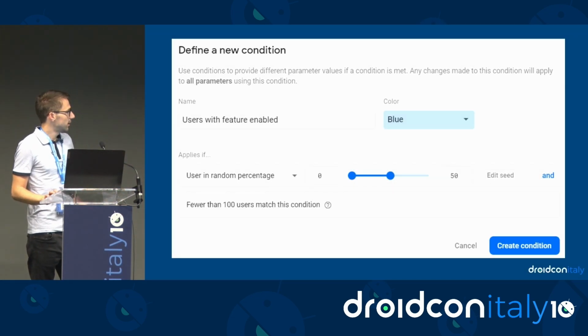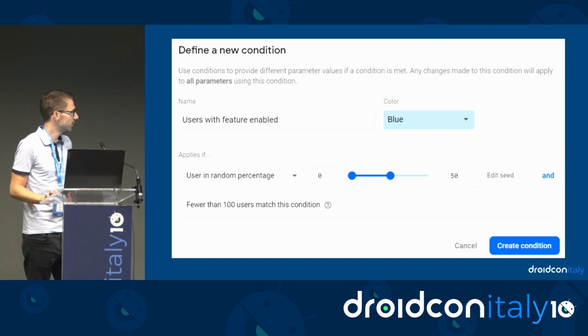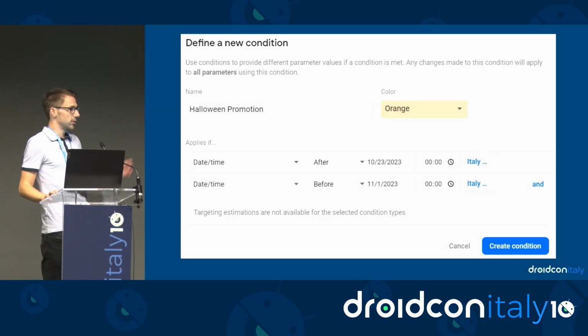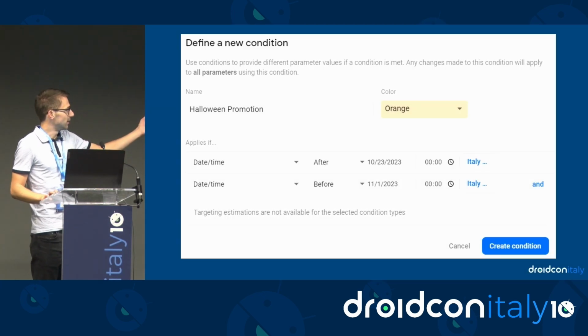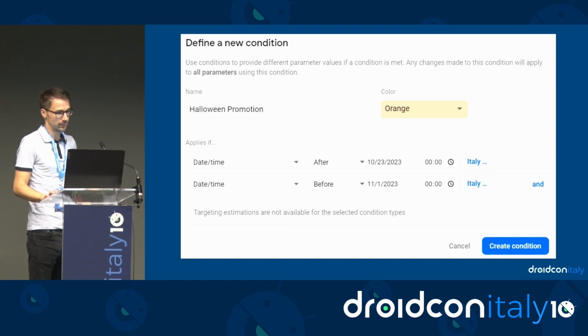You can also target a random percentage of users, 20% for example. And you can also define for promotions during which time the value should be enabled. After this expires, the value will automatically go back to the default one.